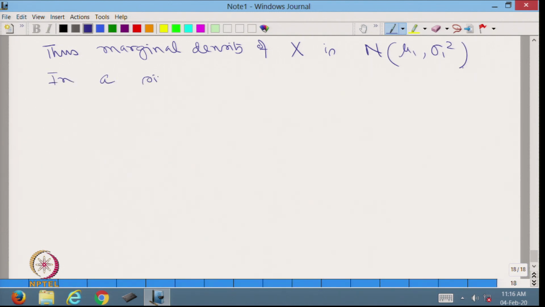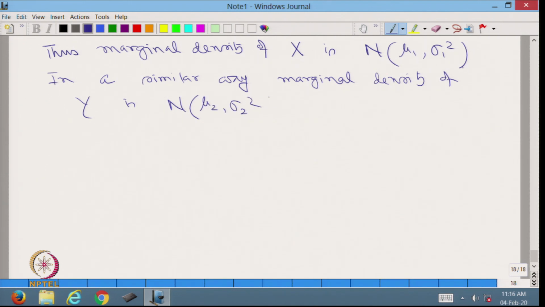In a similar way, marginal density of y is normal with mu 2 sigma 2 square.